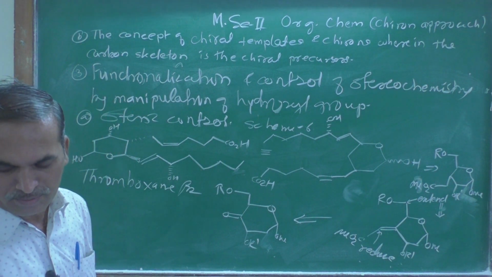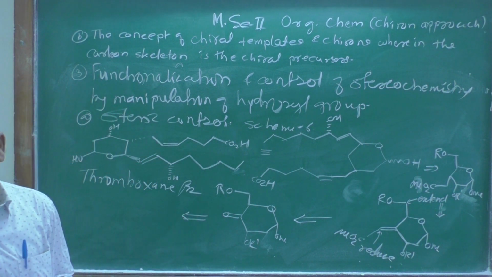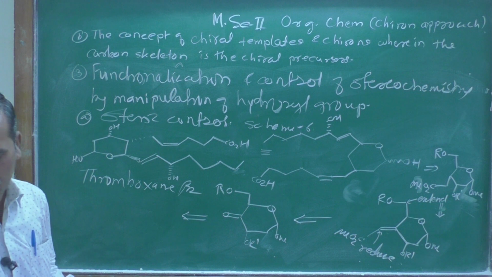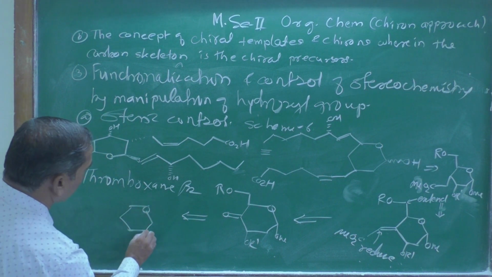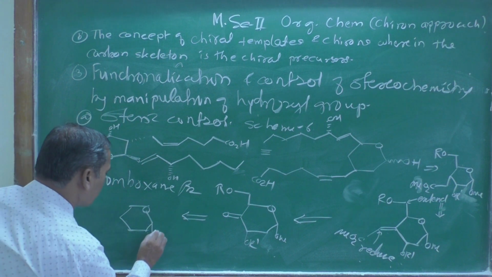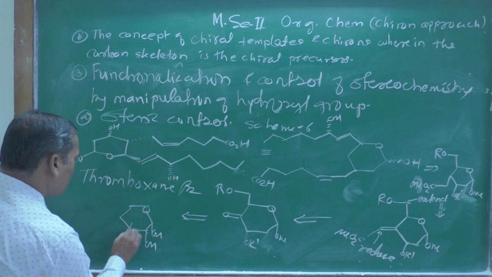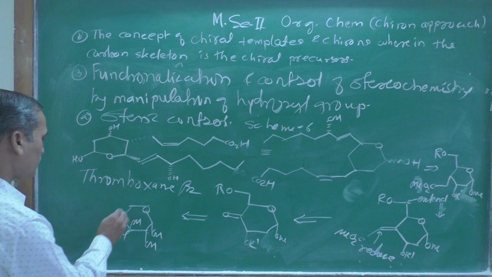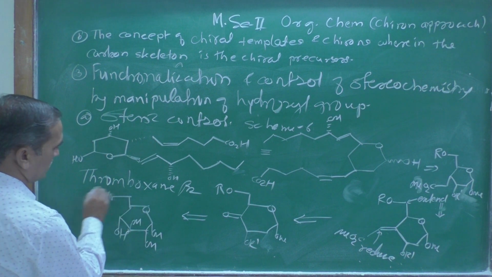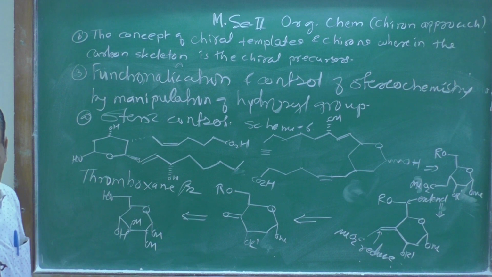So this can be obtained from the deoxygenated compound. This is obtained from this one, OH, then one OH above, one OH below, and as we know, this is a D-glucose structure, and here it is deoxygenated.